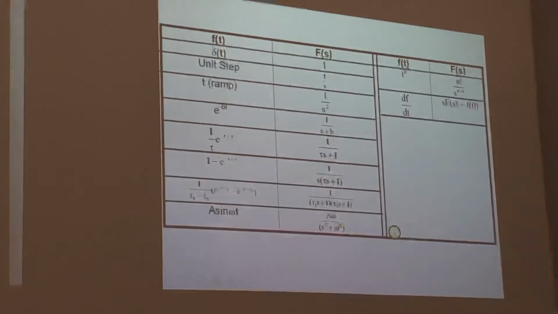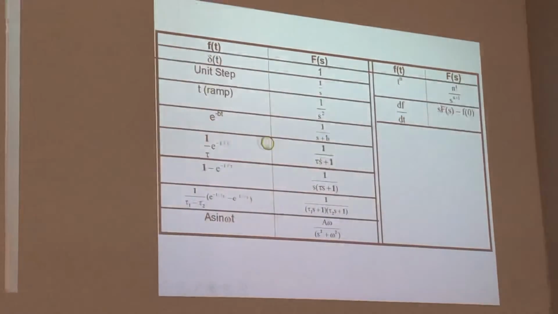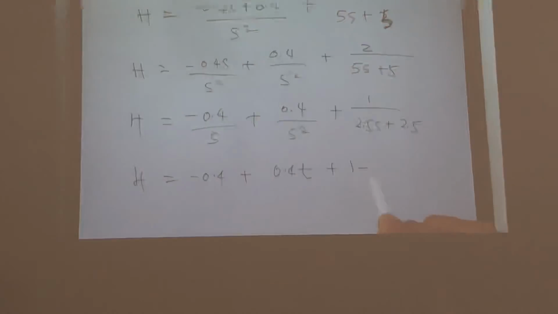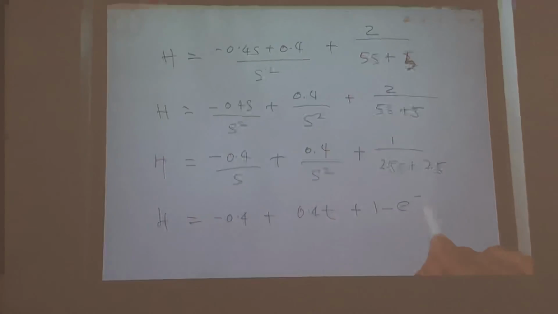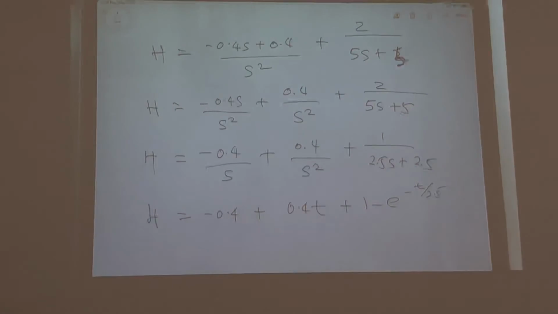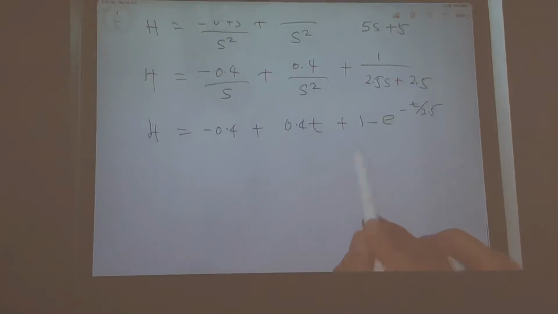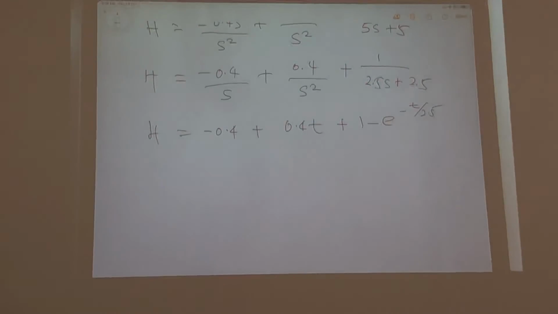Correct. So I got this one. And what is my tau value? 2.5, right? So I got 1 minus e power of minus t divided by 2.5. Okay? Of course, this one, after that, you can simplify further. This is how we have this last part.